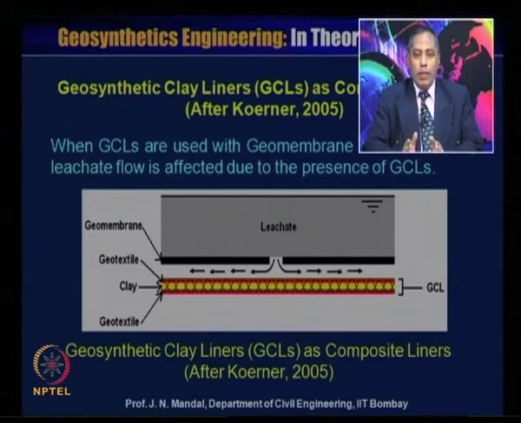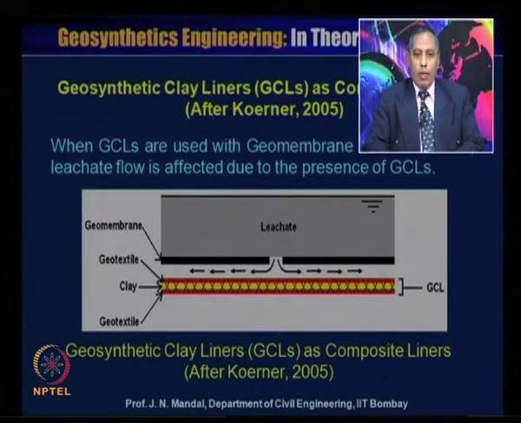Sometimes it has been observed that if there is no geomembrane or geosynthetic clay liner, then leachate can percolate through the ground surface and pollute the ground, and this leachate flows vertically downwards to any depth and poses a great pollution problem.